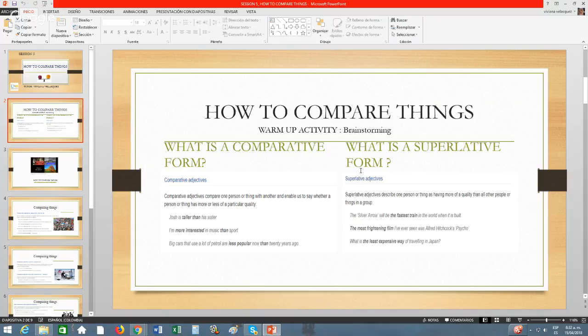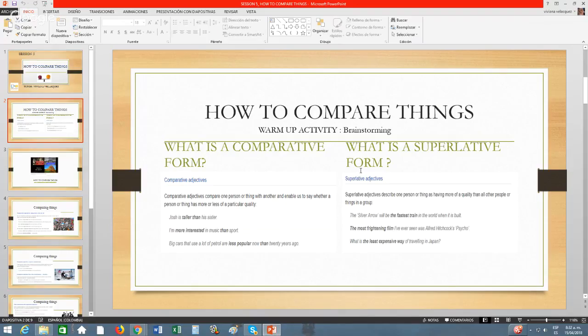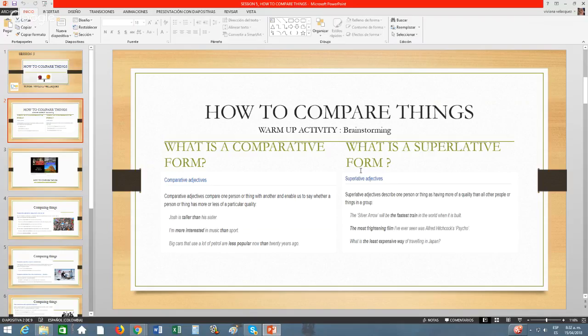And for the long adjective, add more, and at the end of the sentence add than. But this is comparative, and the superlative form is different, right? Okay, I don't remember. Okay. Most. That will be: instead of more, you use the most. The most. Short adjective.